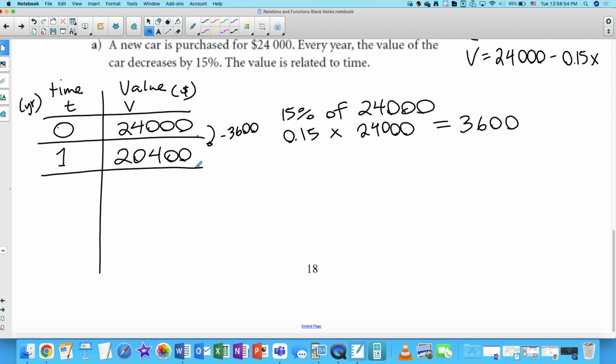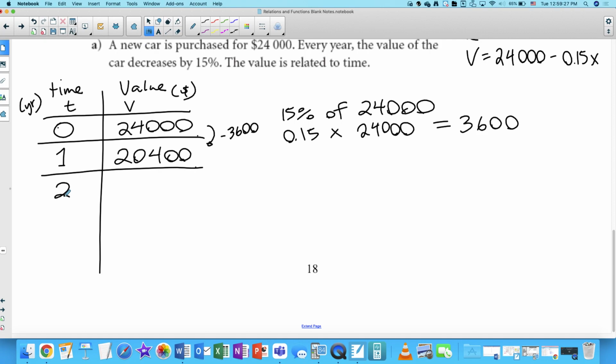How much do we have to take out of the value? 15% of that, yes. It loses 15% of its value each year. So we've got to figure out 15% of that. Now, there's two ways of thinking about this. One way is that we have to take away 15%. Another way is to ask what percent of its value it retains.